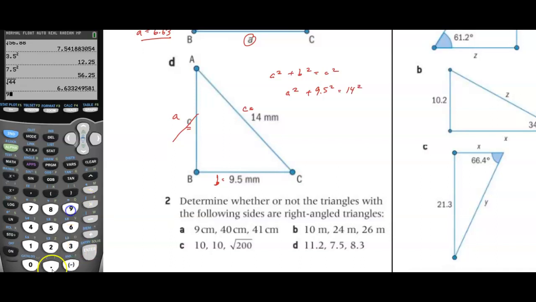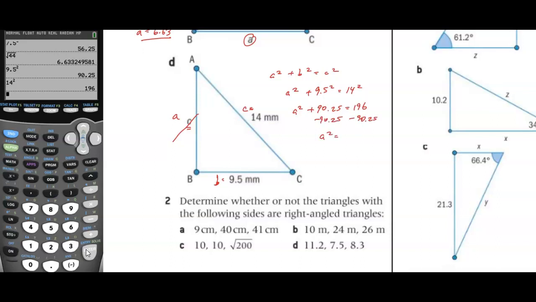9.5 squared, let's do that on the calculator. And 14 squared, let's do that on the calculator. 196. So we'll have A squared plus 90.25 equals 196. I'm going to subtract 90.25 from both sides.